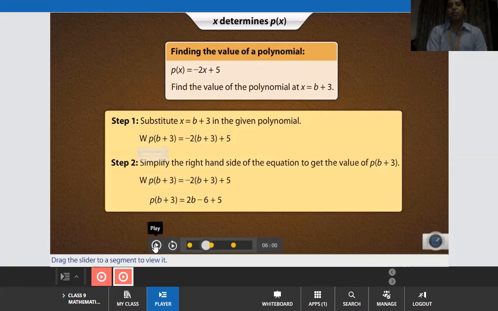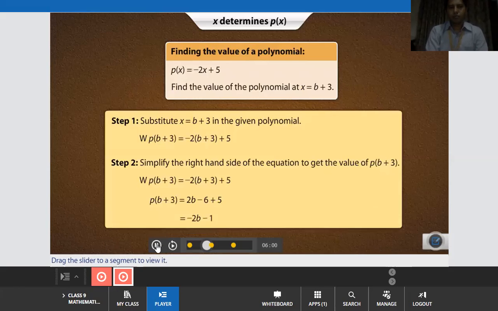So the answer will be minus 2b minus 1 at x equals b plus 3. Here, p of b plus 3 is equal to minus 2b minus 1.